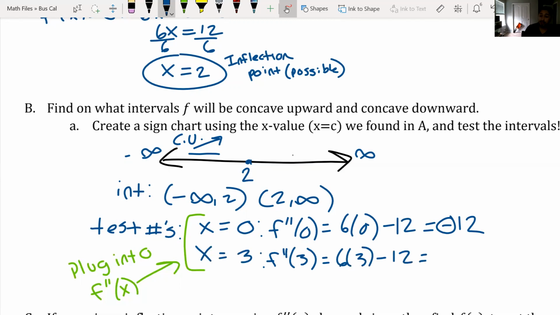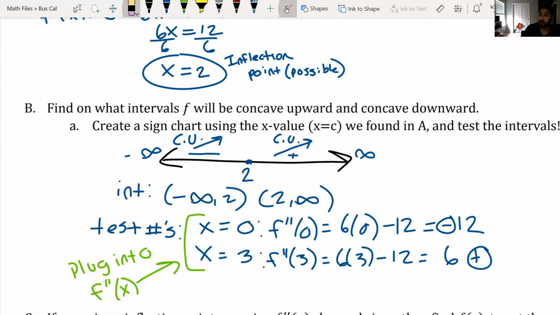That gives me 18 minus 12, which gives me 6. And that's positive. So from 2 to infinity, the second derivative is positive. See, made a mistake already. But we'll continue with this. The second derivative is positive, which means the first derivative is increasing, which means we are concave up.